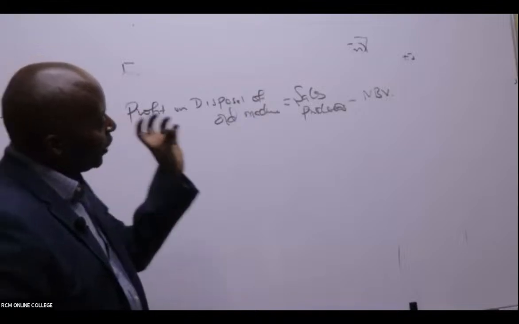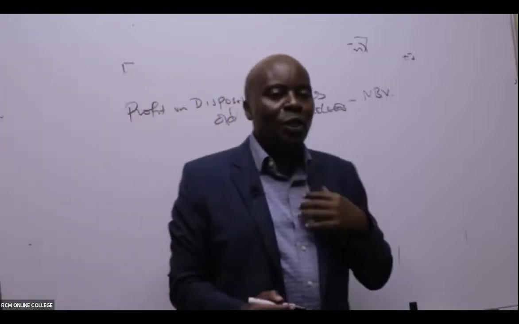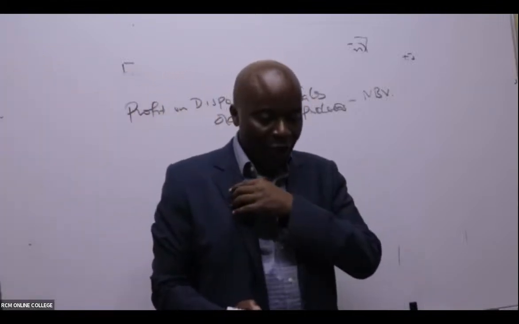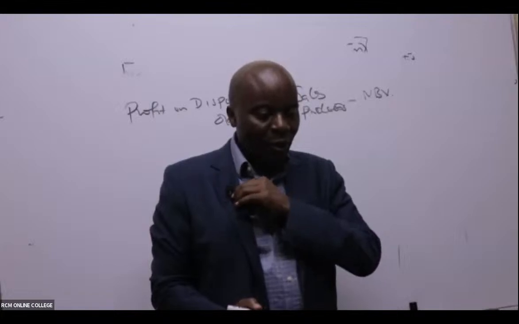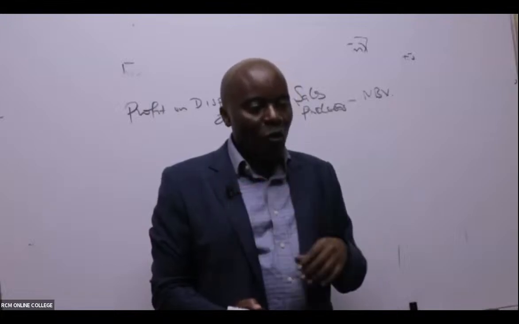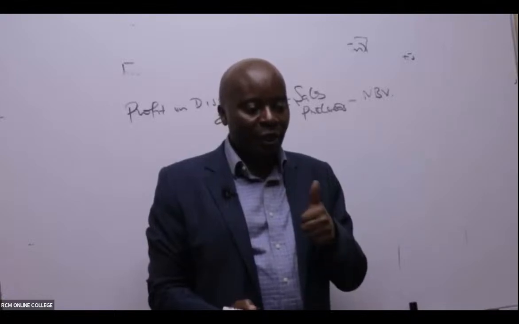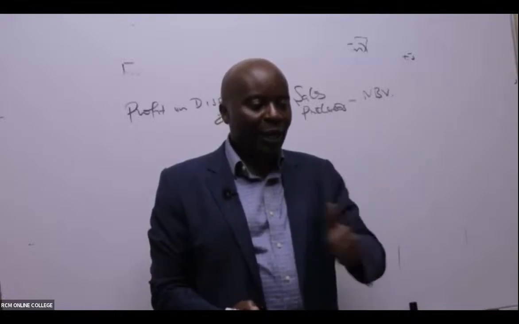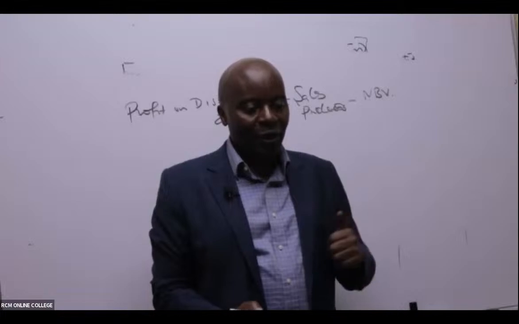Is there somebody who is able to see how much I will be able to sell this machine? I can see already Mochama has given me that figure of 100.